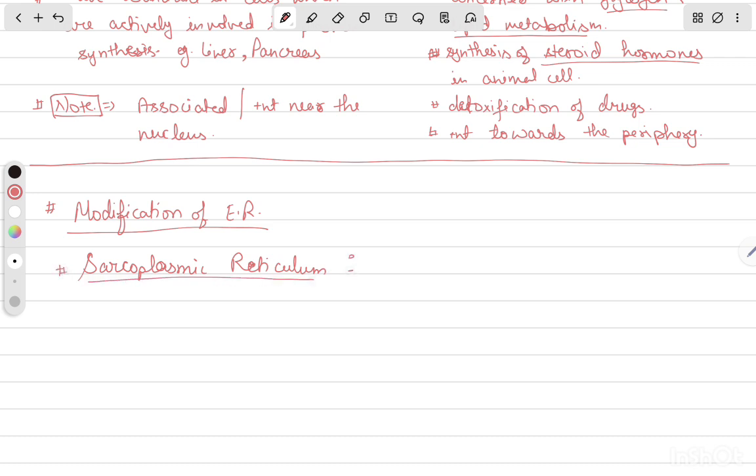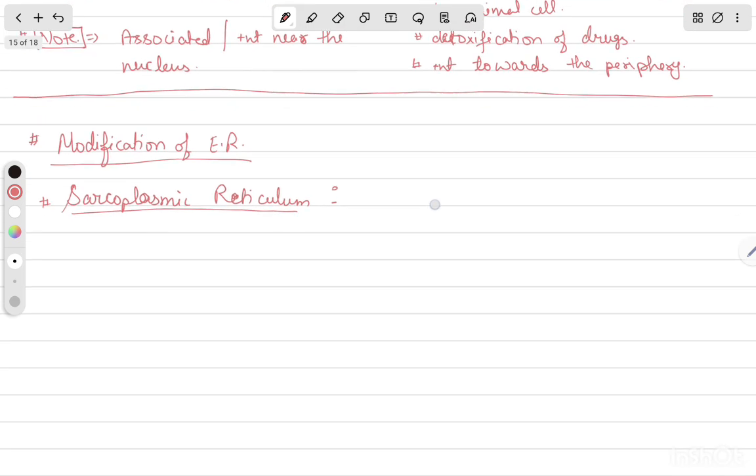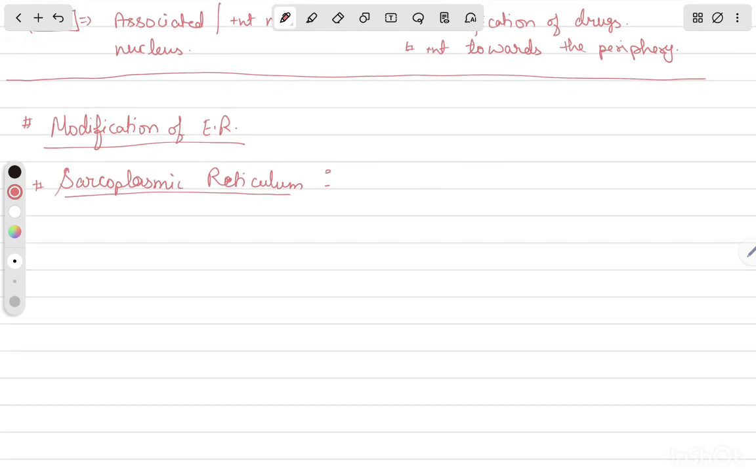Sarcotome, you can remember from human physiology that sarcotome is used for muscle cells, right? So these are modification of smooth endoplasmic reticulum. You can simply write it is modified SER, right, in skeletal and cardiac muscles.